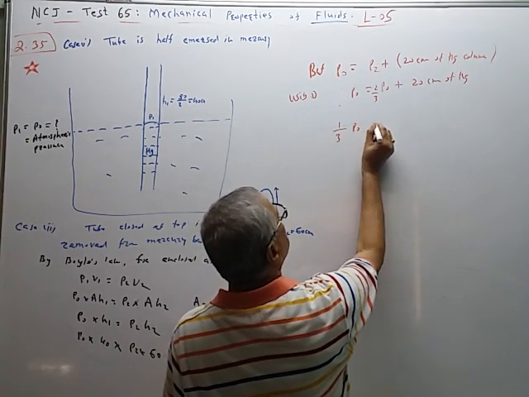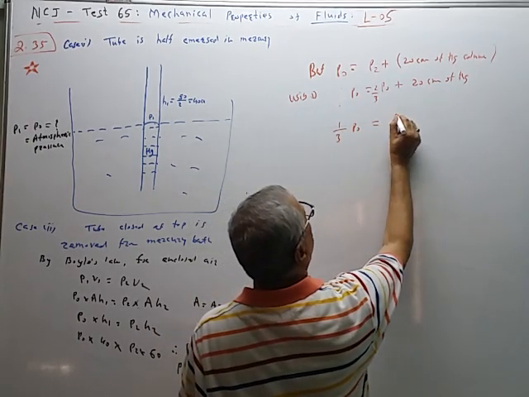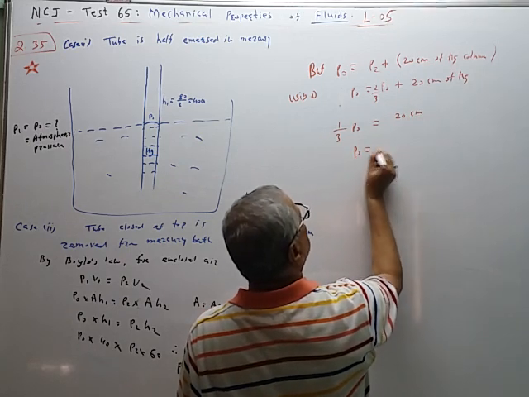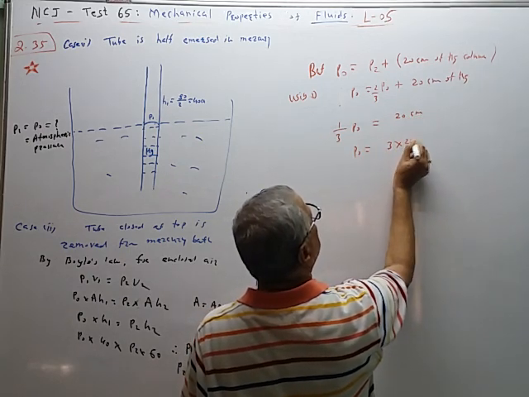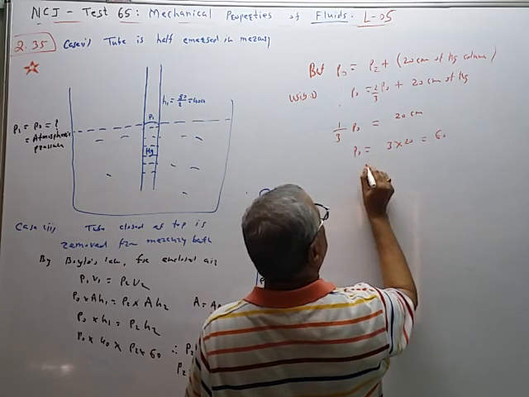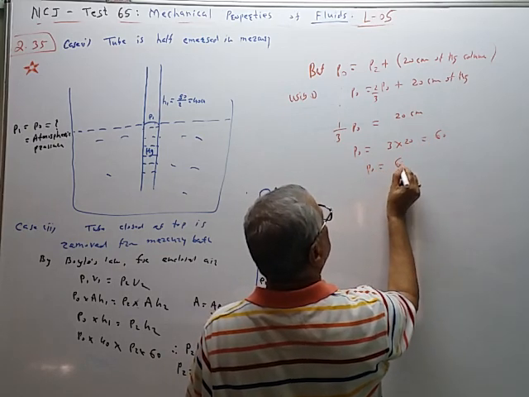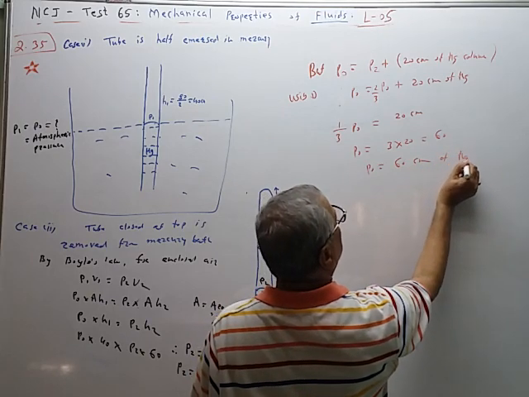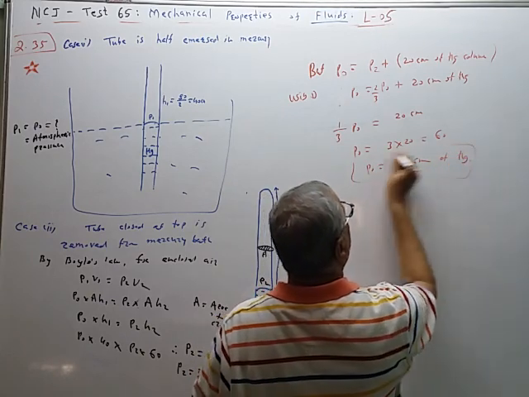So 1/3 times atmospheric pressure is equal to 20 centimeter, and therefore P0 is equal to 3 multiplied by 20, that is equal to 60. So atmospheric pressure is equal to 60 centimeter of Hg.